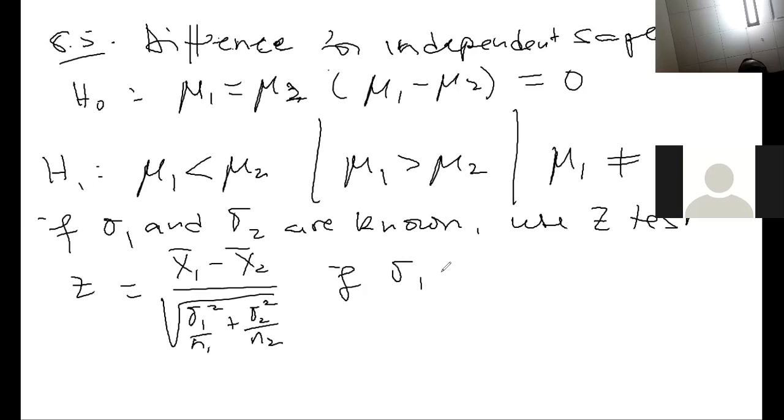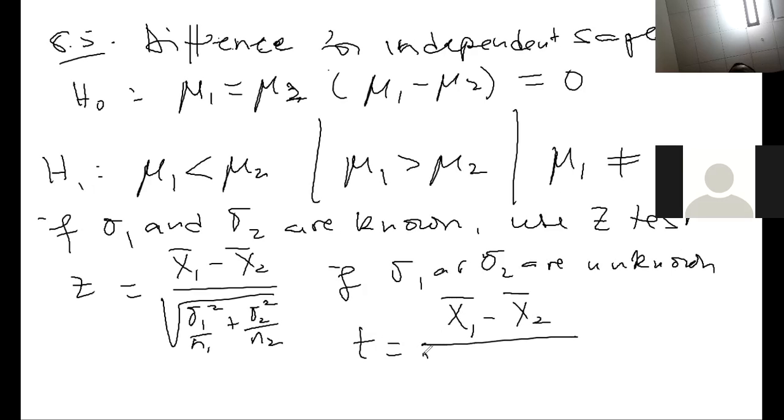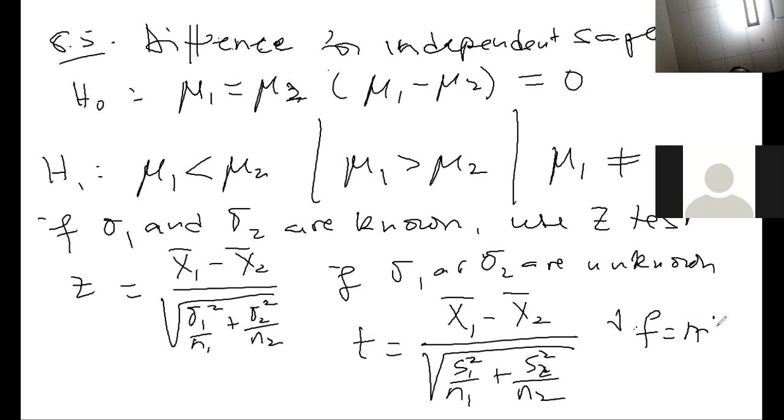If sigma 1 or sigma 2 are unknown, we use the t distribution: t equals x1 bar minus x2 bar over the square root of s1 squared over n1 plus s2 squared over n2. The degree of freedom is the minimum of n1 minus 1 and n2 minus 1. We did this already in chapter 7.